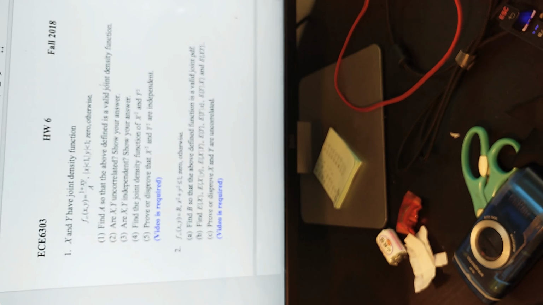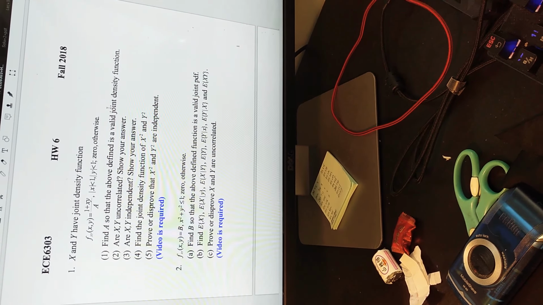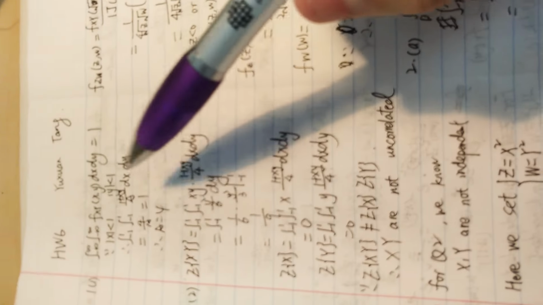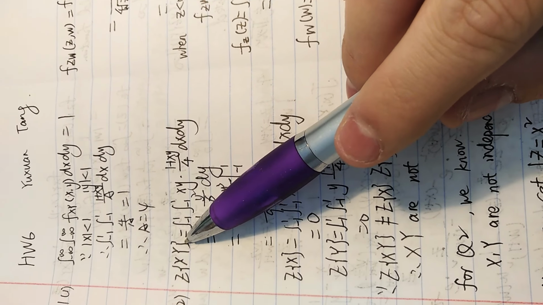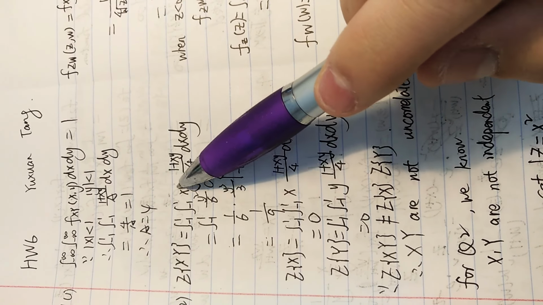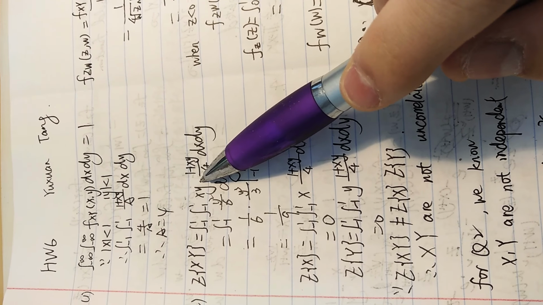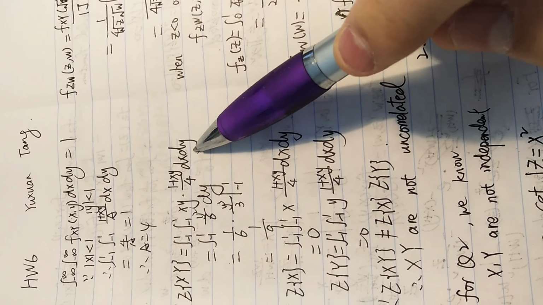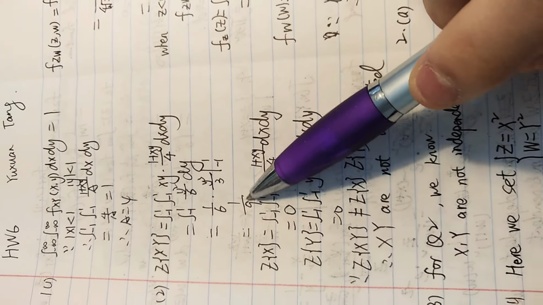And the second question is, are x, y uncorrelated? Here we need to calculate E[XY], which is the integral of xy times f(x,y) dx dy, and we got the answer 1 divided by 9.